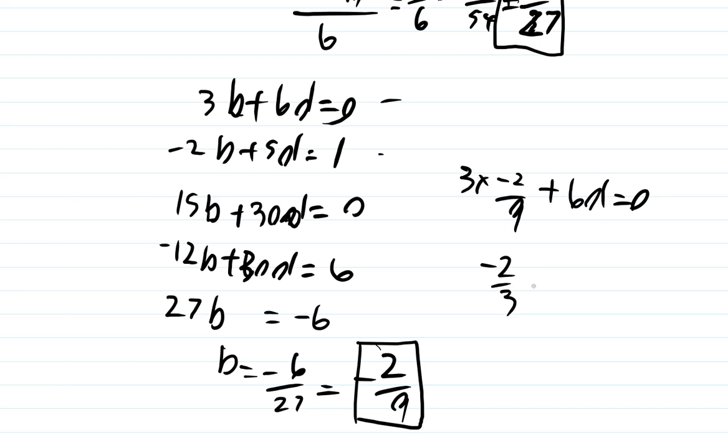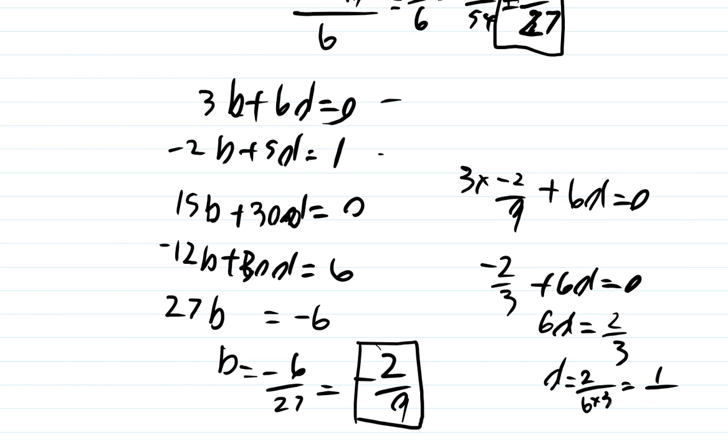Negative 2 thirds plus 6D equals 0. So 6D would be, if you add 2 thirds to both sides, 2 thirds. And then D will be 2 divided by 6 over 3, which would be 1 over 9.